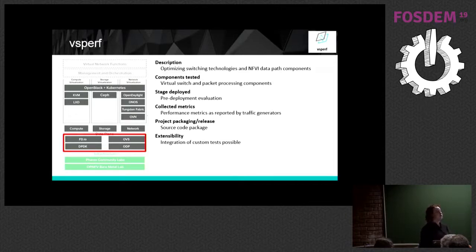But if you want to extend it, you can support multiple different deployment options in VSperf, so you're not limited to the set that's there. You can define other traffic routes or service function chaining and use different VNFs as well.